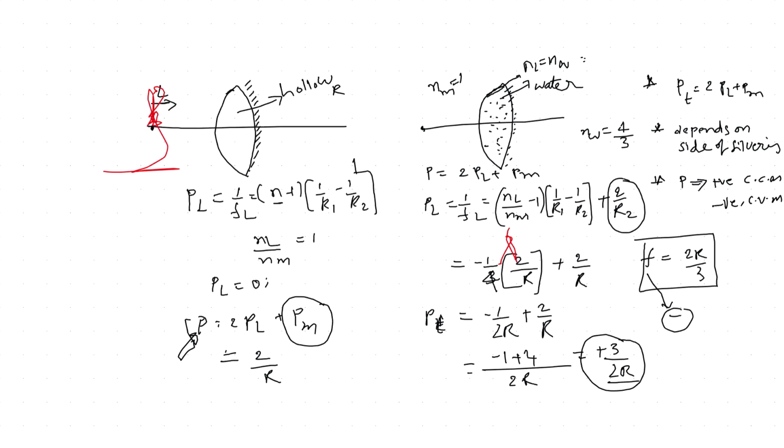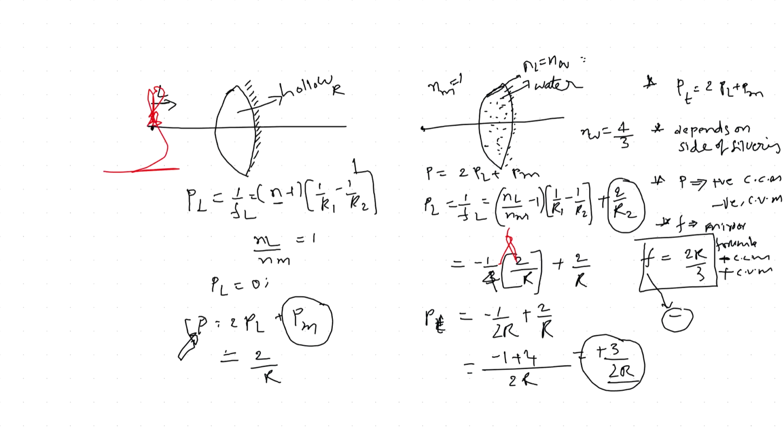So now the next conclusion, the focal length. While you are substituting the focal length in the mirror formula, for a concave mirror you have to take it as negative, and for a convex mirror you take it as positive. This is a concave mirror and this is a convex mirror.